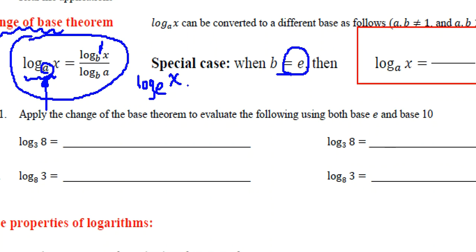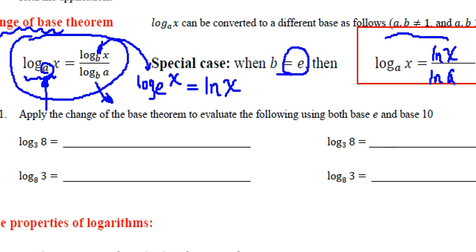If you remember, we have a new notation, the natural log of x. So the top becomes natural log of x, and the bottom becomes natural log of a. Therefore, log base a of x is natural log of x over natural log of a. This is the new result, the most important one.